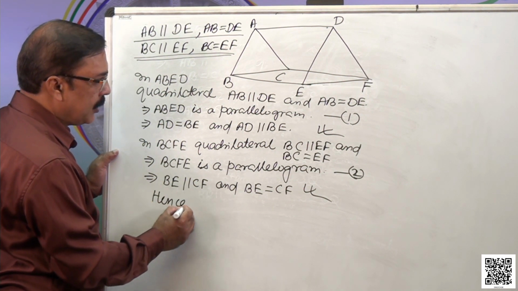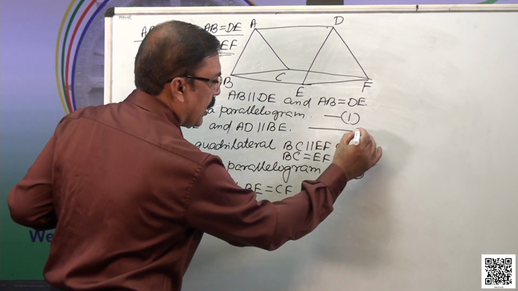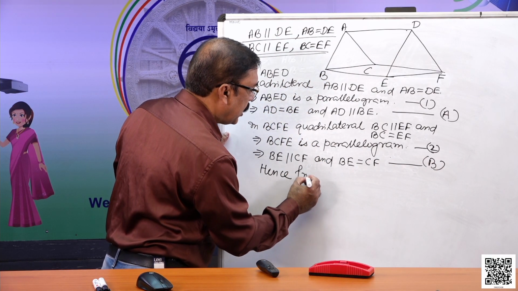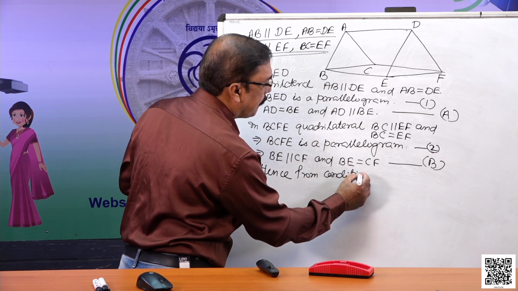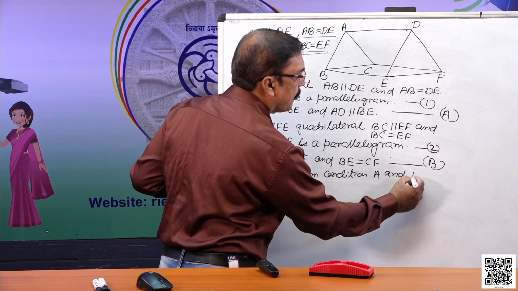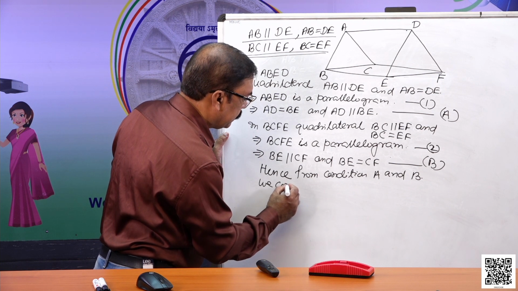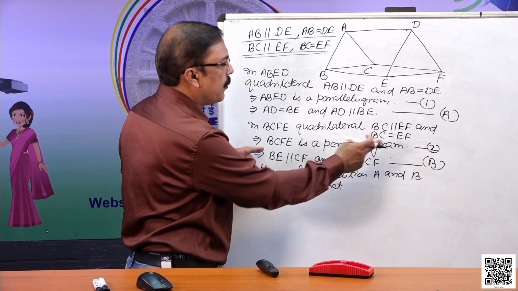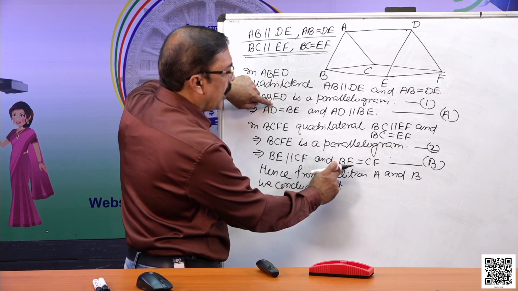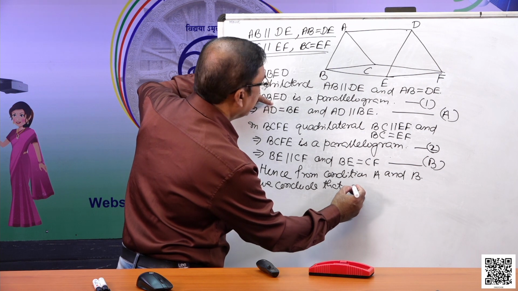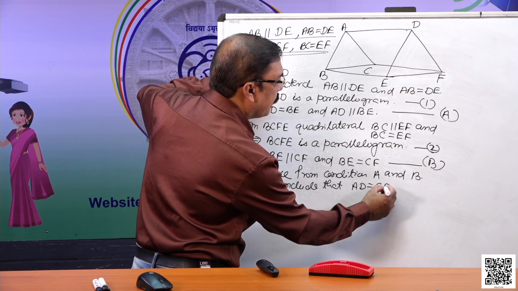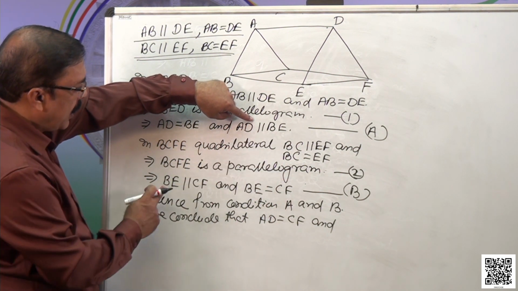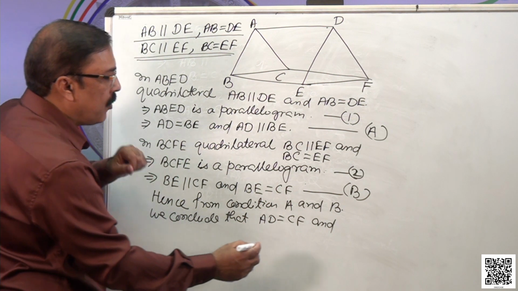Hence, we can name it condition A and condition B. From conditions A and B, we conclude that, see, in case of A, AD is equal to BE and here it is BE equal to CF, so we can also write AD is equal to CF, and now see the parallelism, AD is parallel to BE and BE is parallel to CF, so AD is parallel to CF.